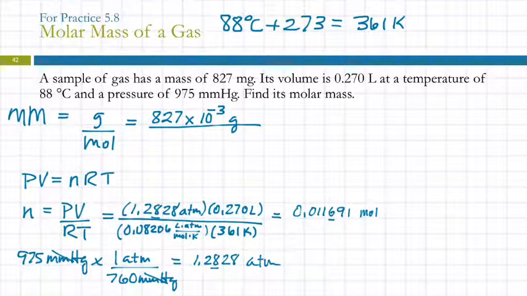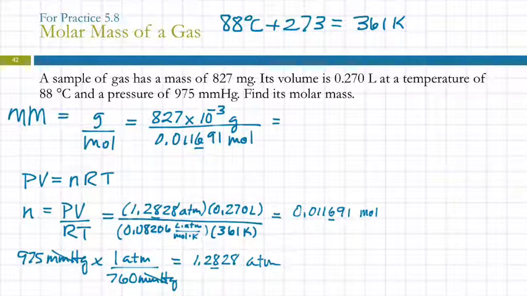So I need grams per mole, so I'm going to plug that in over here. 0.011691 moles. So 0.827 divided by 0.001691 equals 489. Nope.